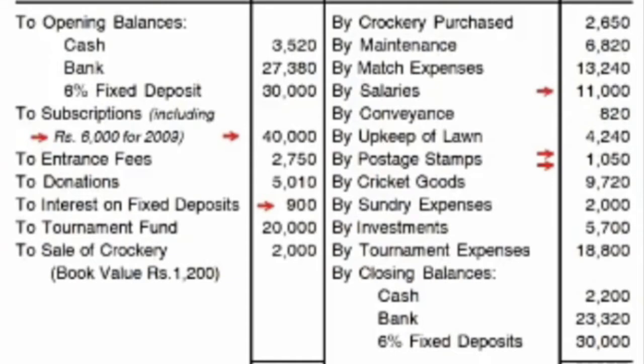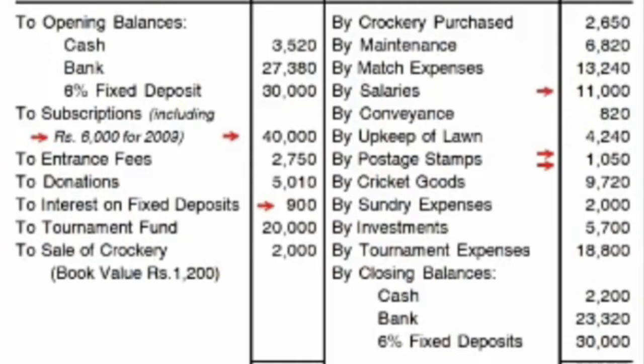If any sale of asset is there, we know there will be a purchase or there will be an asset in the balance sheet. So this book value of asset we can deduct from the asset or from the purchase. So we can show in the current year balance sheet less sales 1,200, but there is a purchase also. We can leave a space here. Okay. Next, payment side. The first item is crockery purchased 2,650.